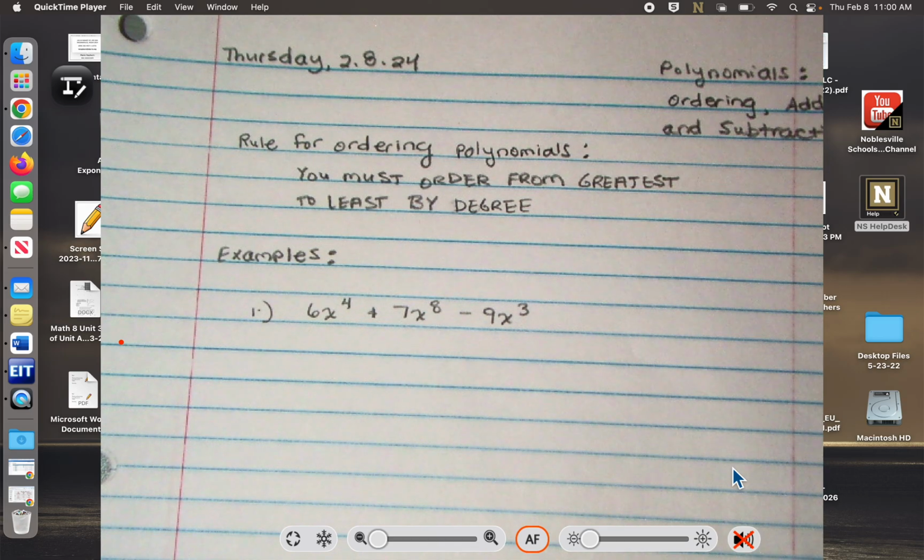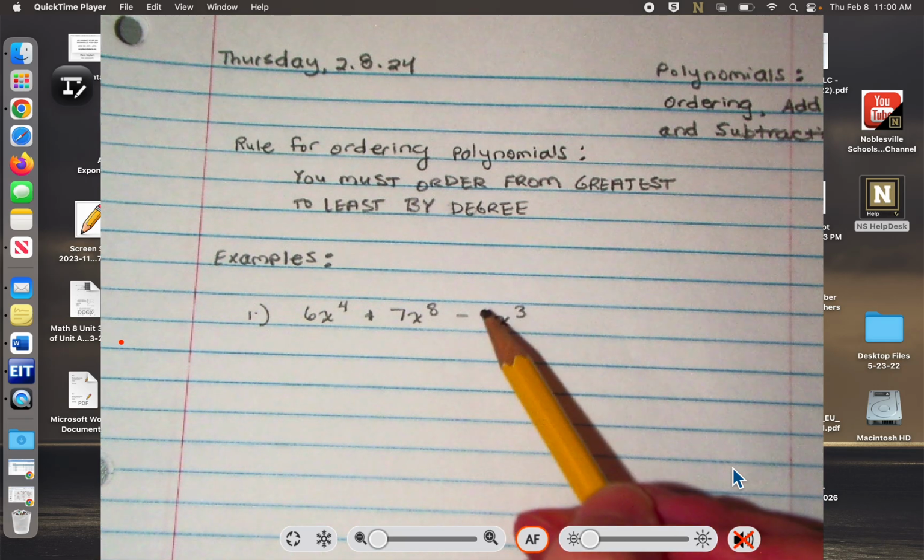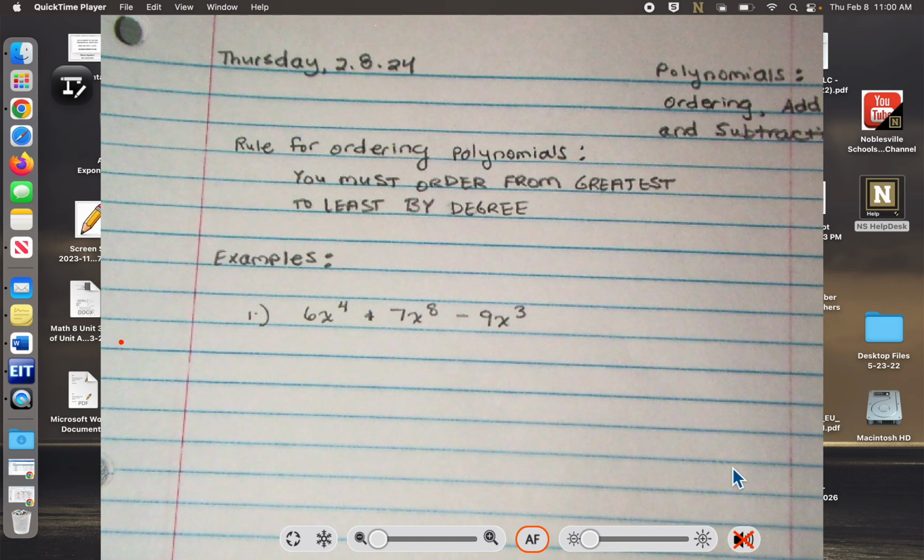What are my 3 coefficients for this polynomial? 6, 7, and negative 9. Yep. That negative is attached to this 9, right? It's part of it.